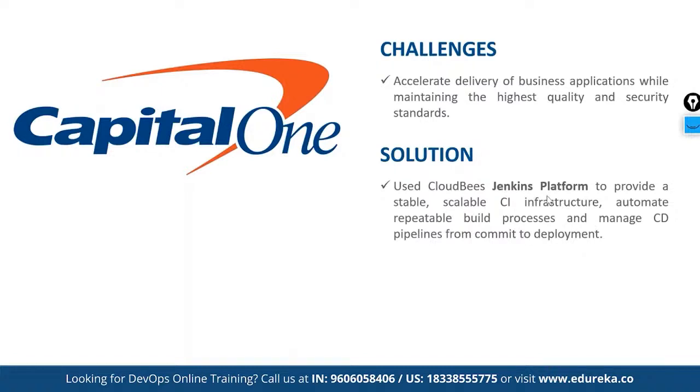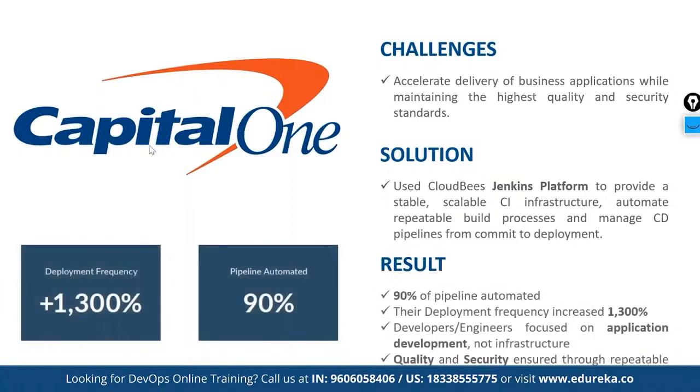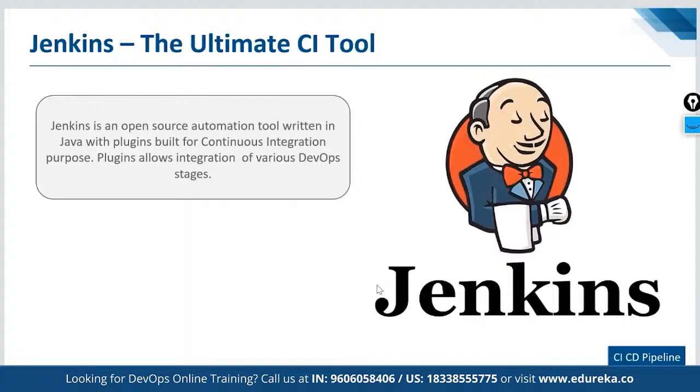So they used the Jenkins pipeline, the same thing I explained to you. Results: the frequency of deployment increased to 1300 plus, and 90% of pipelines have been automated. So guys, in real-time scenarios, we automate 100% of pipelines. 90% is even low. And it reduces the manpower of any project.